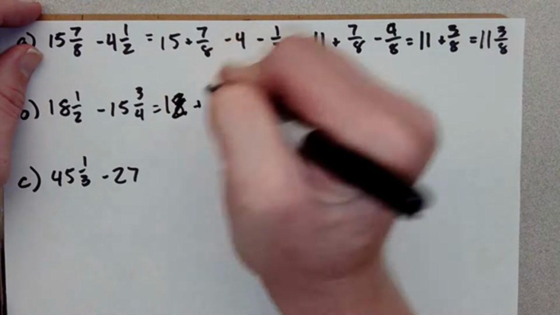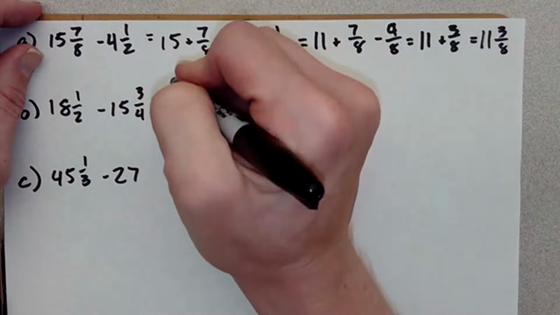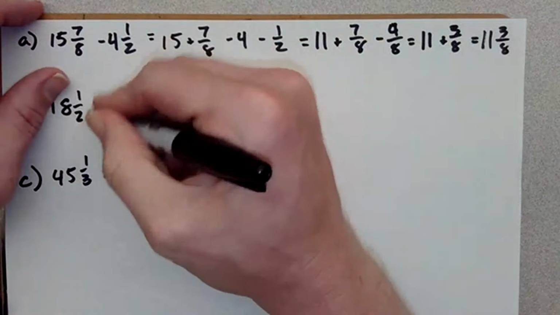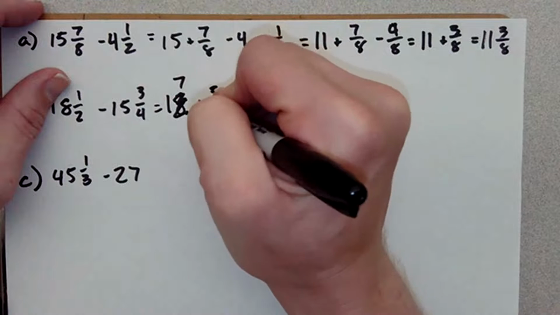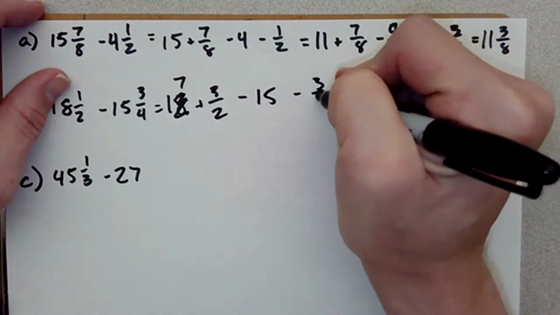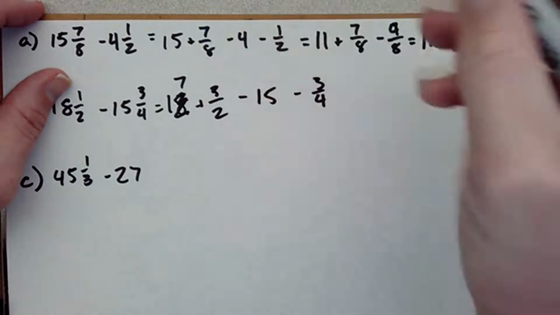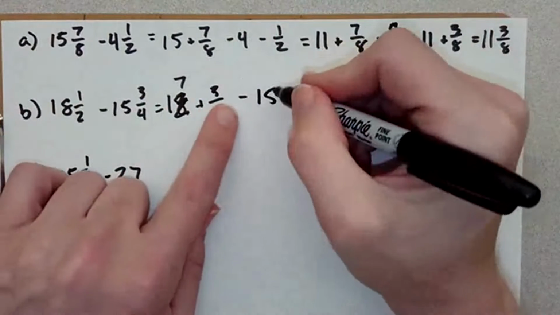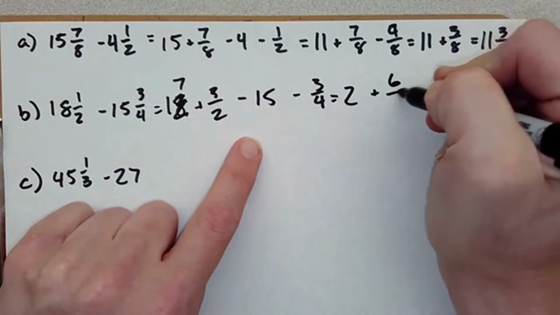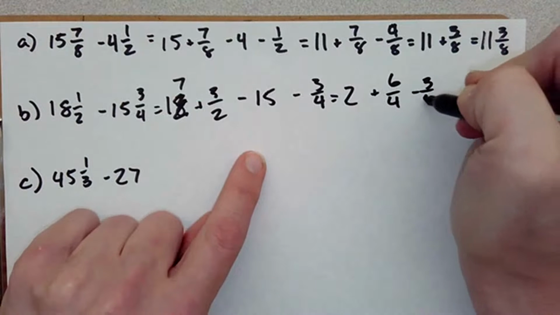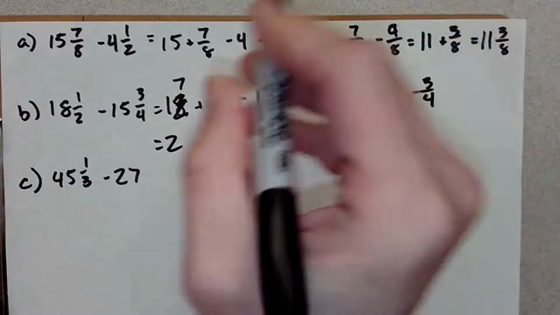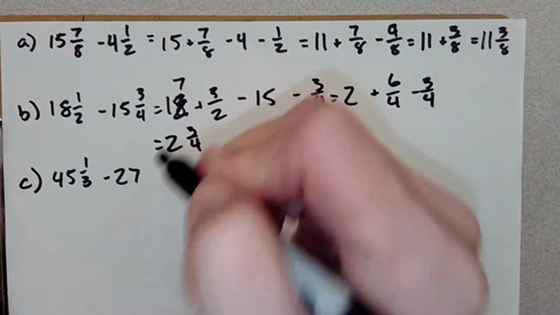I'm going to take 1 away from the 18 and make it a 17. 17 plus 1/2 plus 1, which is the same as 3/2, minus 15 minus 3/4. Okay, so now 17 minus 15 is 2, plus 3/2 is 6/4, minus 3/4. Gives us 2, and 6/4 minus 3/4 is 3/4.